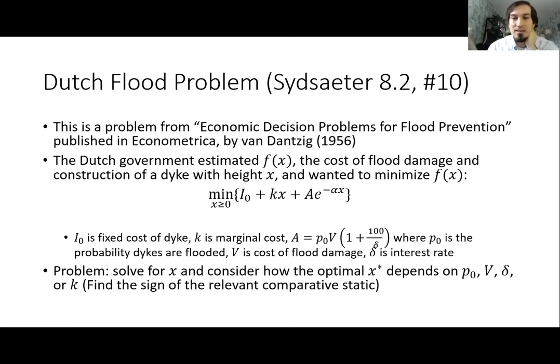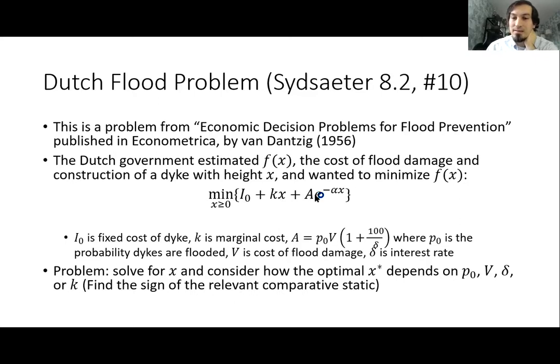It means the stuff you have to spend no matter how tall you make it. K is the marginal cost of building the dike up higher. X is the height of the dike. So the higher you build X, K is the fixed marginal cost. That part of the cost is the fixed cost plus the marginal cost of the dike itself.